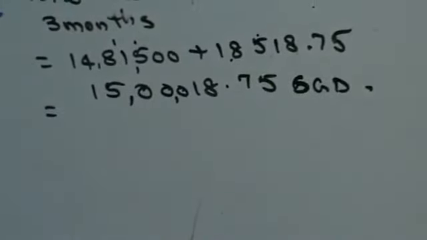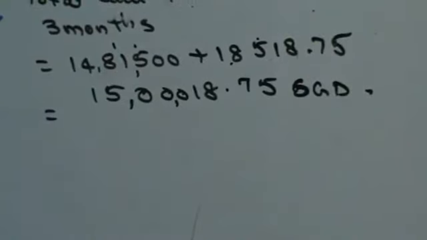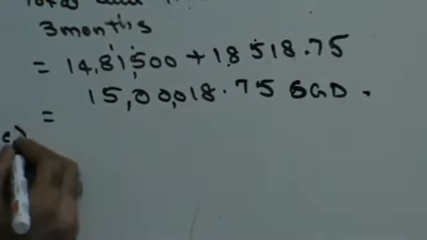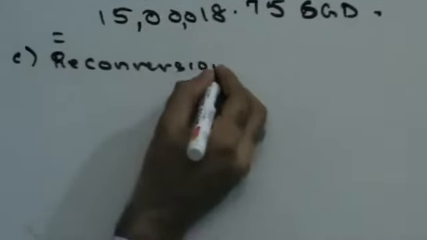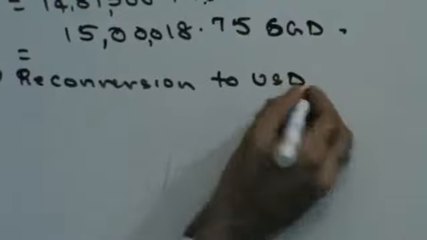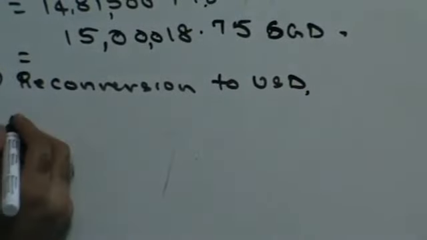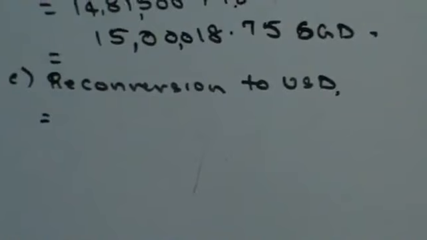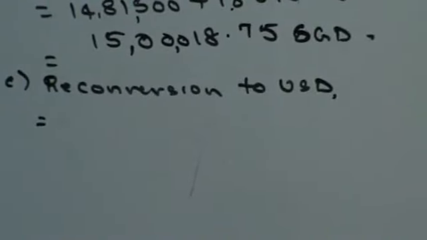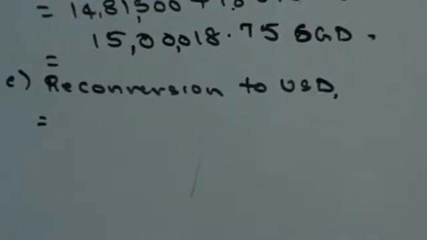Now I'm going to send this money back to the US. So I'll have reconversion to US dollars. If I reconvert this to US dollars, how many US dollars will I get? I want US dollars, so I'm buying US dollars. That means I'm going to be selling Singapore dollars, so I have to consider the ask rate.